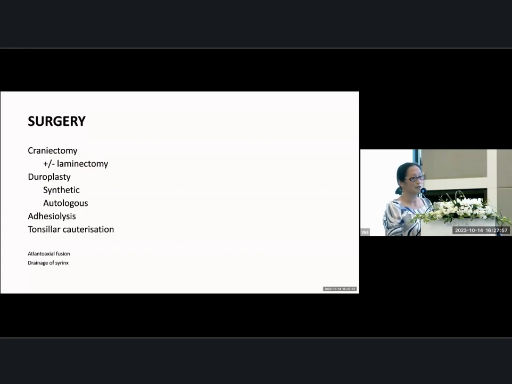Again, adhesiolysis is controversial. I do it every case. And tonsillar herniation or subpial dissection, I do that every case as well, because the cases I operate on usually have very tight foramen magnums. They're very symptomatic. So I think I just want to go in and do the operation, in my mind, as properly as I can. I don't do drainage of the syrinx or atlanto-axial fusion procedures for Chiari 1 malformations.